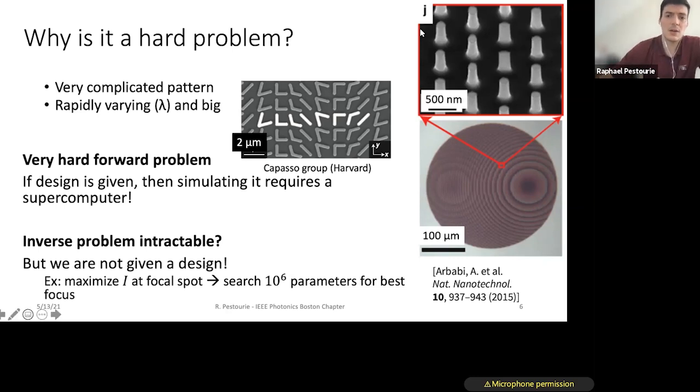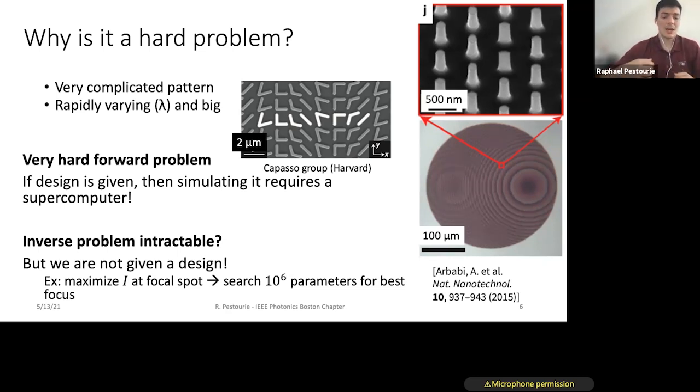You can see on the top right a focus on an image of a metasurface where you can see very small features. And there is the macro scale, which is the diameter of the device, thousands of wavelengths. You have those very complicated patterns, and you need to refine sufficiently in order to resolve the small features, but you also need to have the whole structure in memory.